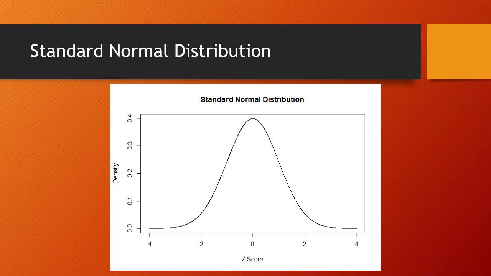A standard normal distribution is one of many normal distributions and is only special because it has a mean of 0 and a standard deviation of 1. That means that the scores on the distribution are already in standardized units. Here's where our z-score is for our example, at minus 2.74.